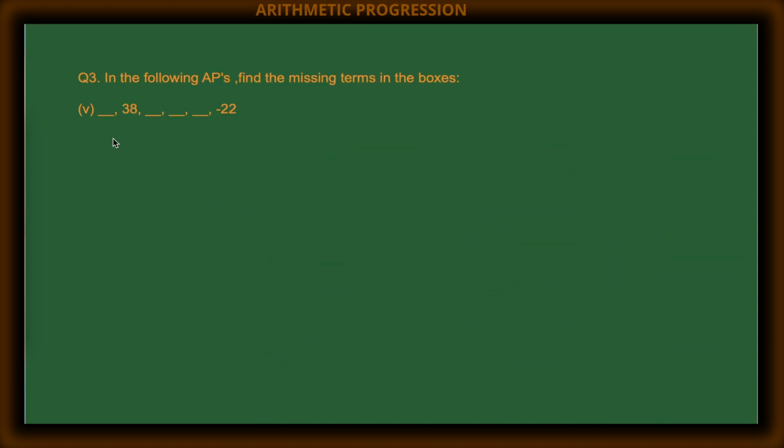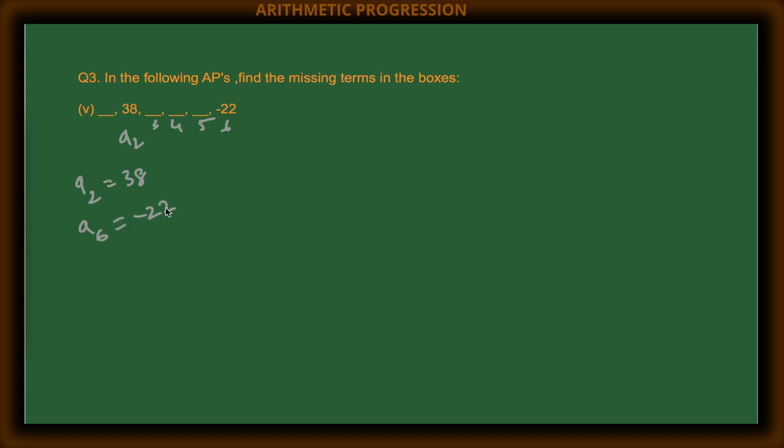Okay, so here the A is missing. We have been given the second term, third, fourth, fifth, sixth. So A2 is 38, A6 is minus 22.